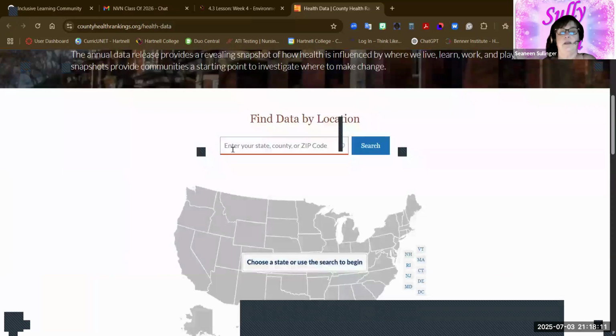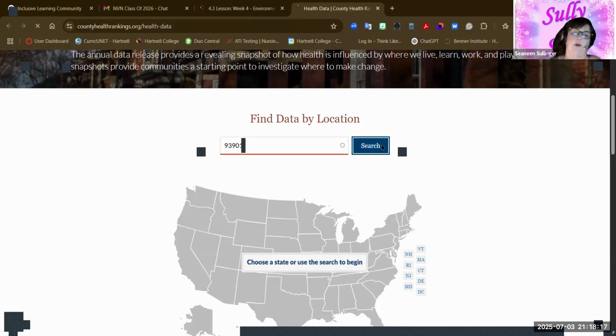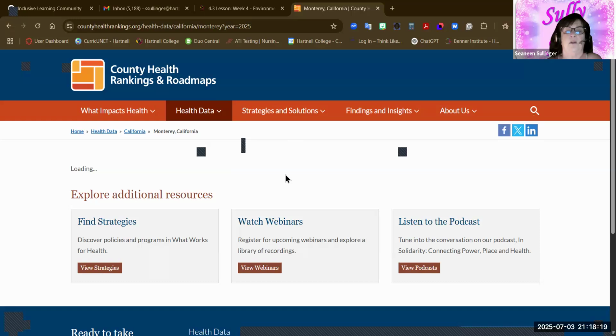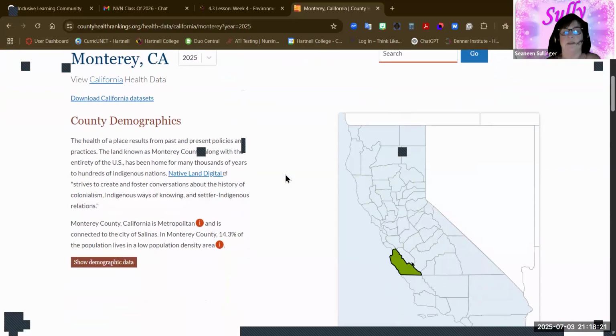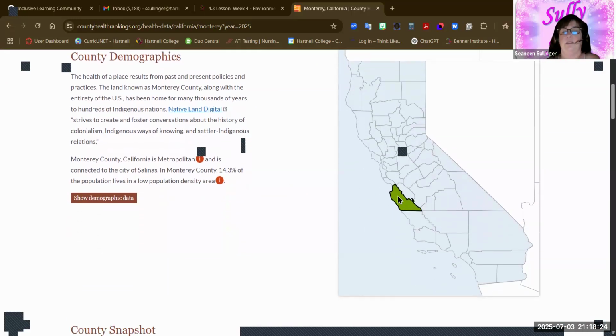And so if we put in, for example, 93901, and search that, it will say Monterey. It will give us basically Monterey, but it will give us the county. You can do San Benito, you can do Santa Cruz County, whatever county, you could do another state.